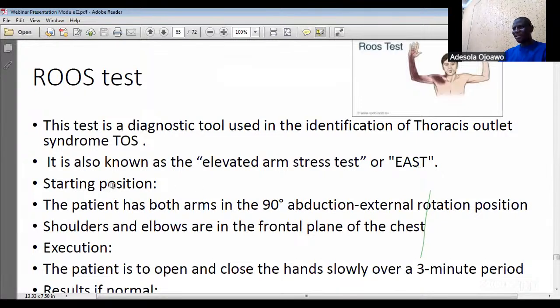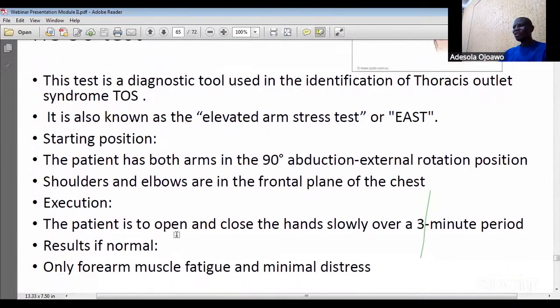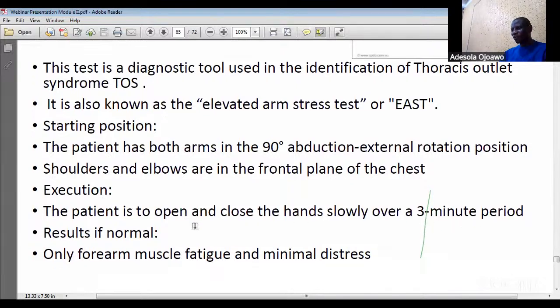Starting position: the patient has both arms in 90-degree abduction and external rotation. The shoulder and elbow are in the frontal plane of the chest. The patient opens and closes the hand slowly over a 3-minute period.